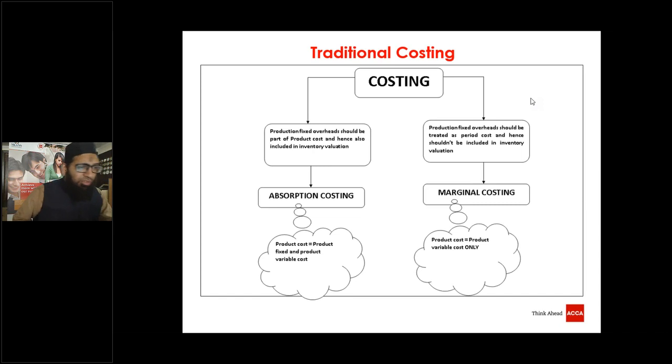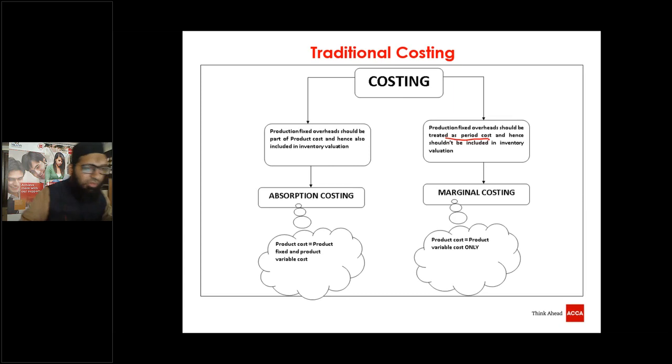So for activity-based costing, the traditional costing techniques that we used to perform were absorption and marginal costing. Absorption costing says that the production fixed overhead should be part of product cost, whereas marginal costing says that the production overhead should be treated as period cost.